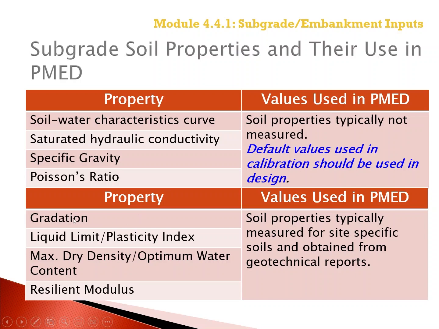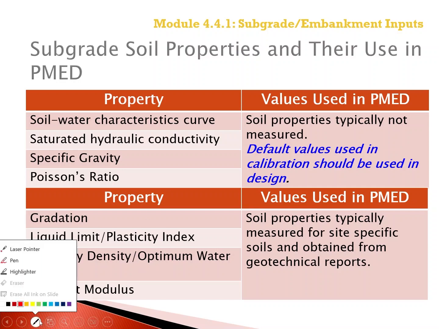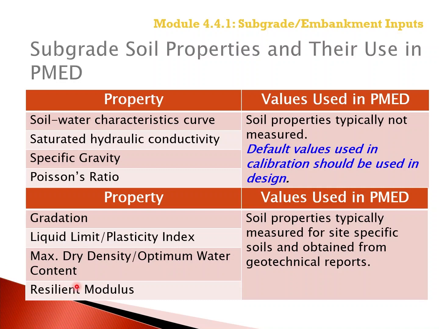These are the properties that are typically measured along the design segment of the subgrade and/or embankment, and they include the gradation, the liquid limit and plasticity index from the Atterberg limits test, maximum dry density and optimum water content, or the dry density and the water content associated with the resilient modulus that's entered into the software.